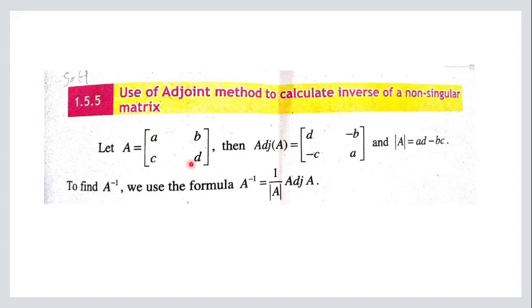First of all, we will find the adjoint of this matrix A, and then we will find the determinant of this matrix A, and then we will put the values of adjoint of A and determinant of A in this formula, which is A inverse is equal to 1 divided by determinant of A multiplied by adjoint of A. Or simply we can write this as adjoint of A divided by determinant of A.